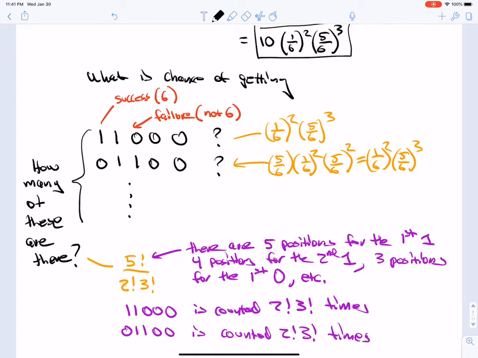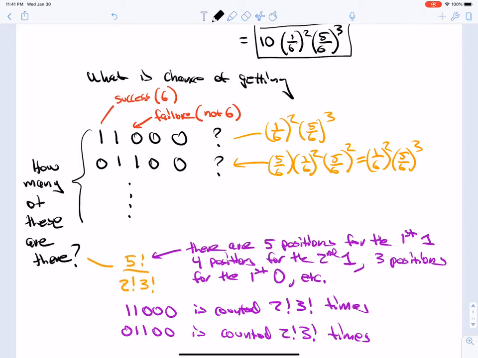How many of these are there? Well, there are 5 different positions for the first 1. The second 1 could be in any of the remaining 4 positions. The first 0 could be in any of the remaining 3 positions. The second 0 could be in any of the remaining 2 positions, and then the last 0 is fixed.